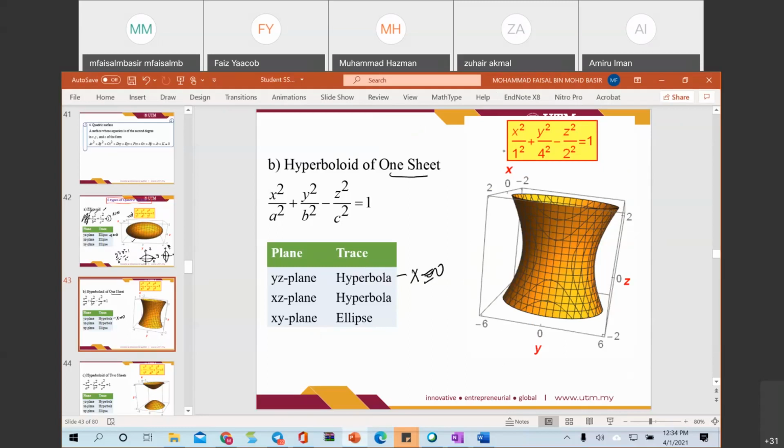When x equals 0, we have y squared over b squared minus z squared over c squared equals 1. So remember to draw this hyperbola in zy. Then we have this, correct?